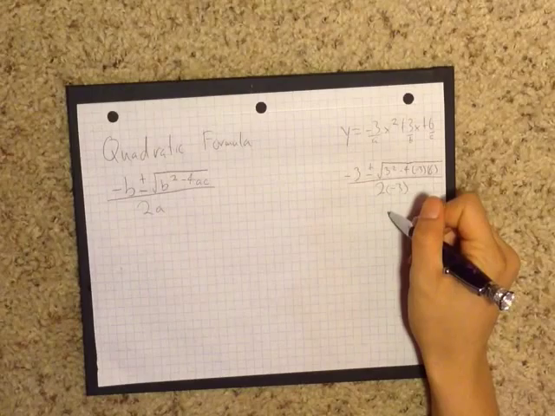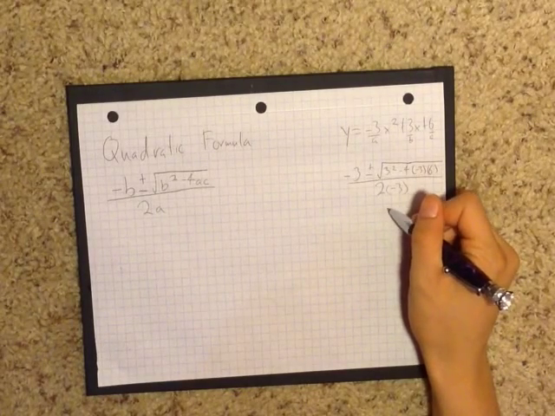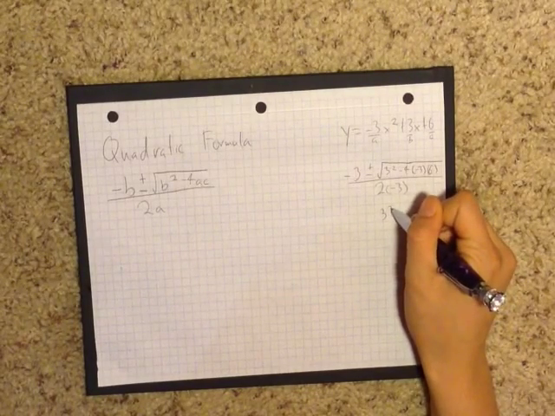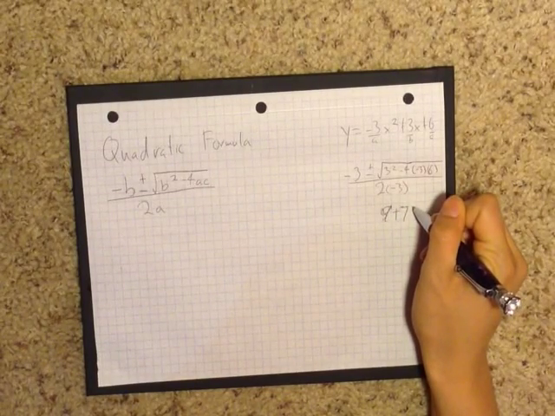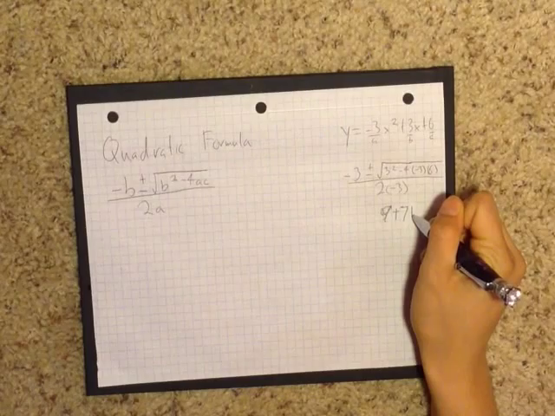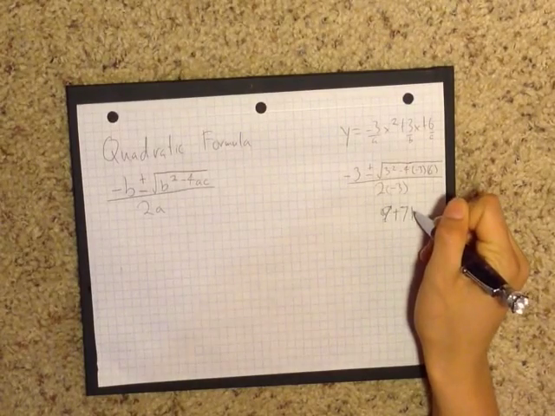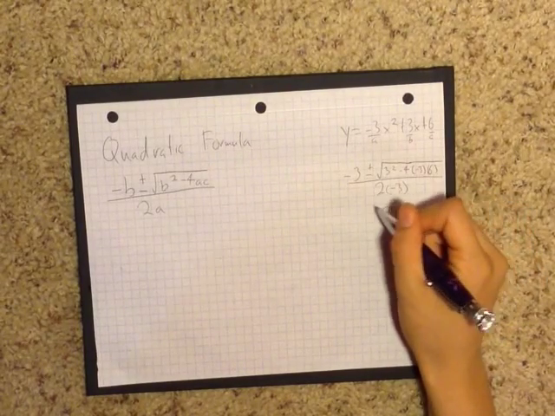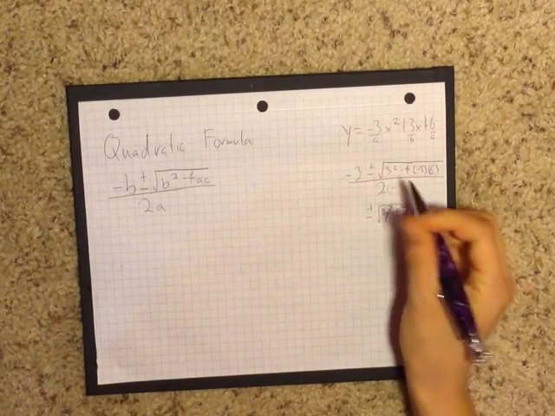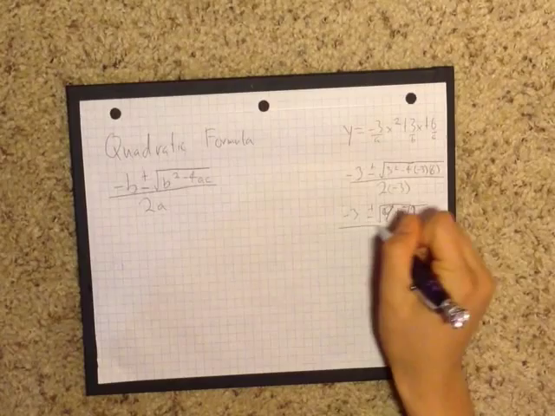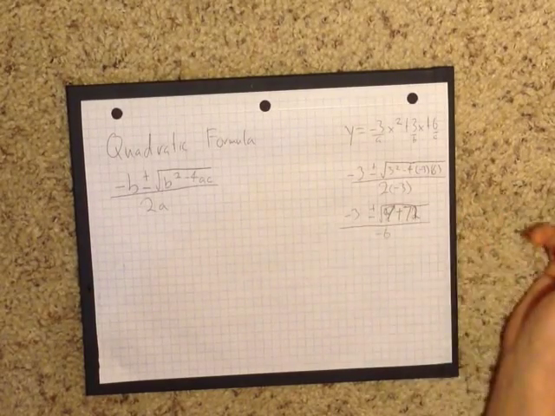So this equals 9 plus 72, which is 81. Then we have -3 plus or minus the square root of that, over -6.